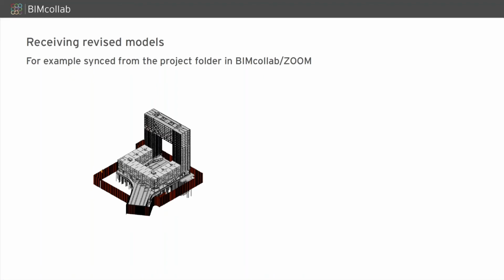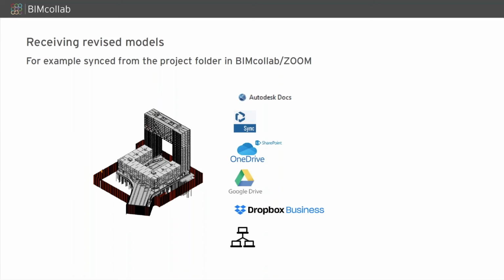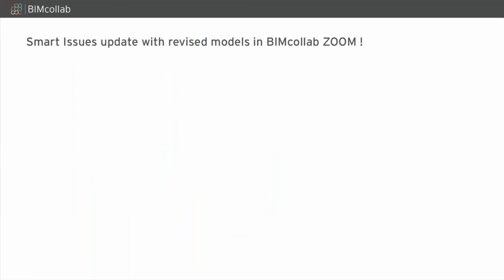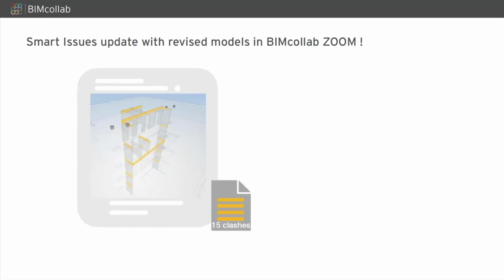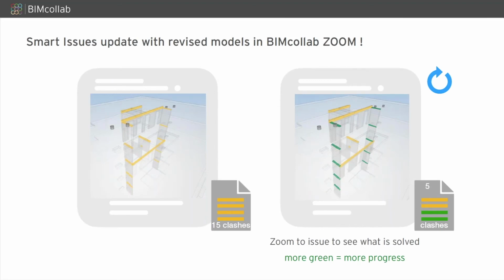Zoom already works with a dedicated source folder for project files, which can be transferred through either one of these platforms. So we can synchronize the model information to BIMcollab Zoom. So in the next step, I would like to also explain why the feature was destined to be called Smart Issues, because with the information they provide, they can run a sort of mini clash detection in the background and validate themselves.